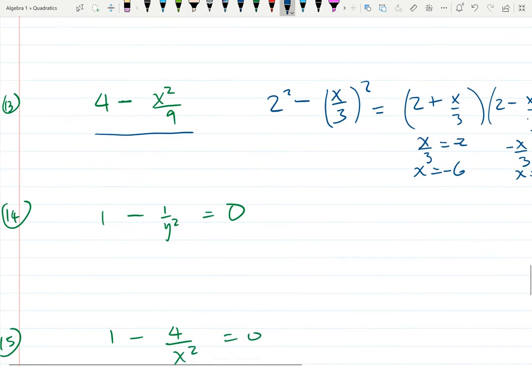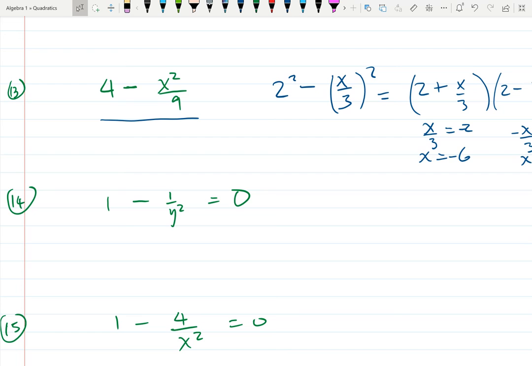So here, how are you going to factorize this? You can say this is 1 squared minus 1 over y all squared. What do you call it? Difference of two squares, which is 1 plus 1 over y times 1 minus 1 over y.